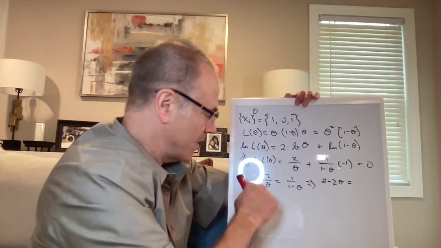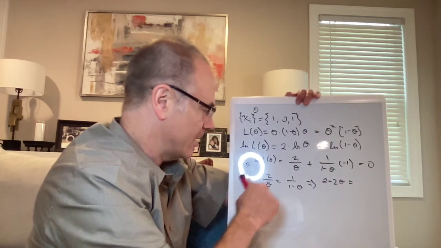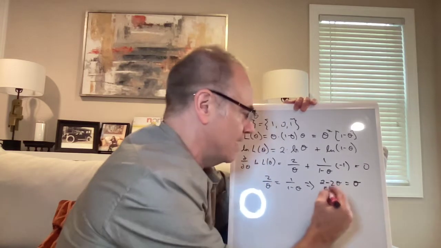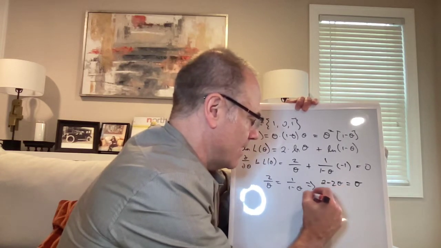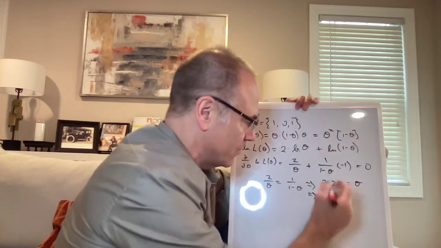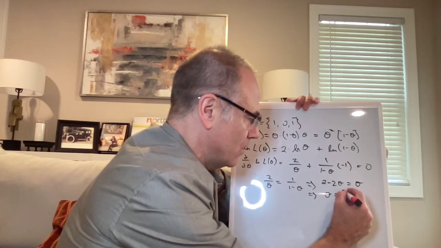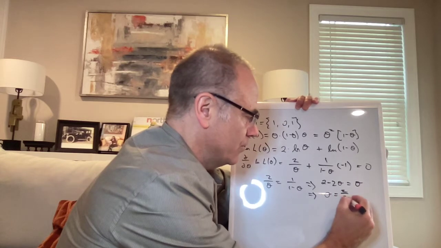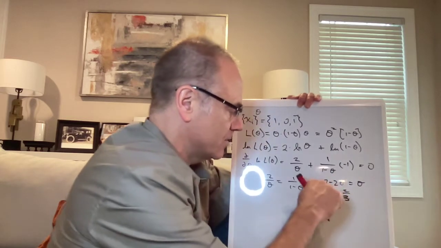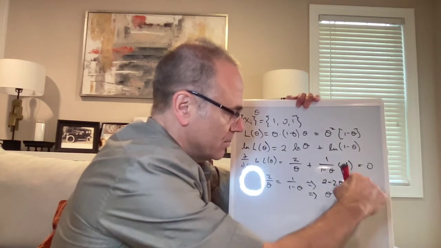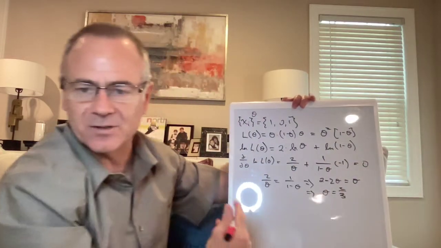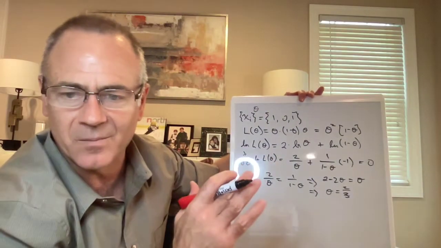Multiply both sides by theta. So 2 is going to equal 3 times theta, and theta equals 2/3. That's where I get that. I skipped one little step of arithmetic.